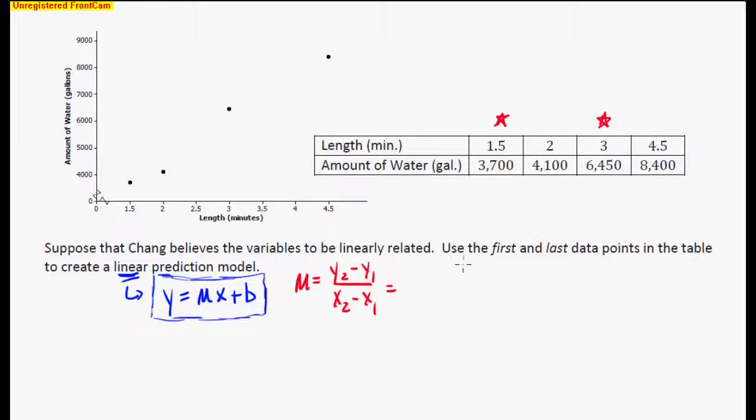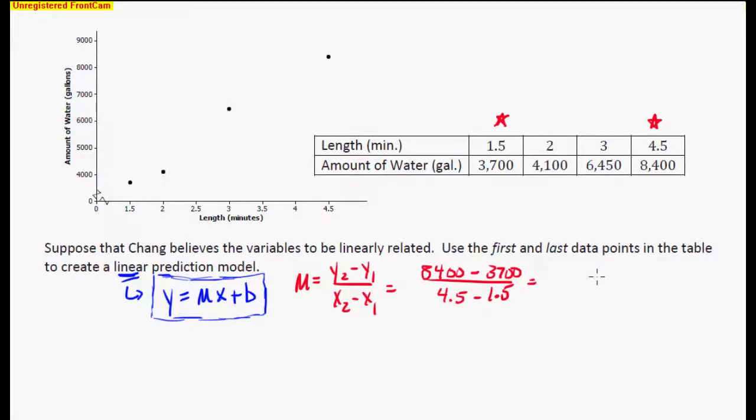It doesn't matter which ones. Oh, actually, they told me to use the first and last. Sorry about that. All right. Let's take the first and the last. So that means the y values are 8,400 and 3,700. Okay. And the x values are going to be 4.5 and 1.5, not 3.5.